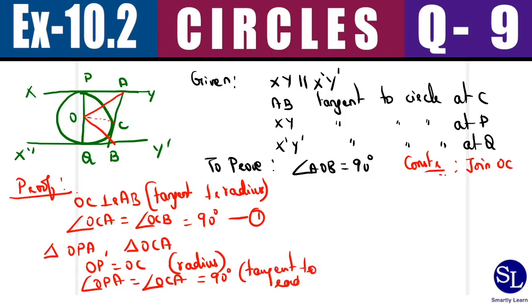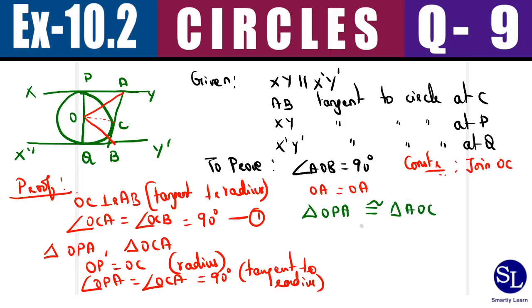We also know that OA is common in both triangles. So this gives us the statement that triangle OPA is congruent to triangle OCA.